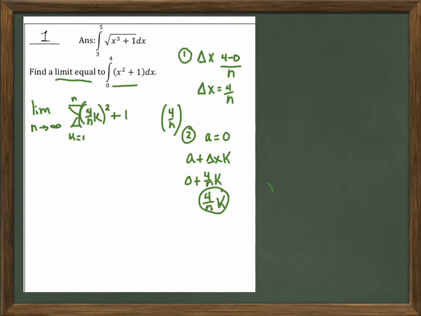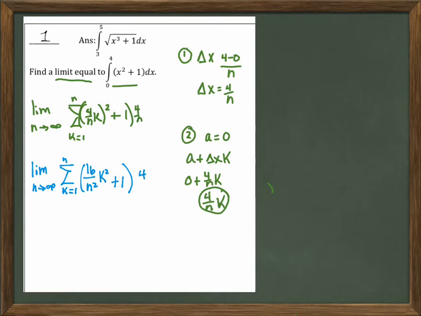And then that times 4 over n. I just moved that a little closer instead of putting it over there. Now, that's not multiplied out, so let's multiply it out. It's the limit as n goes to infinity of the sum k equals 1 to n of 4 squared, which is 16, over n squared k squared, plus 1, times 4 over n.